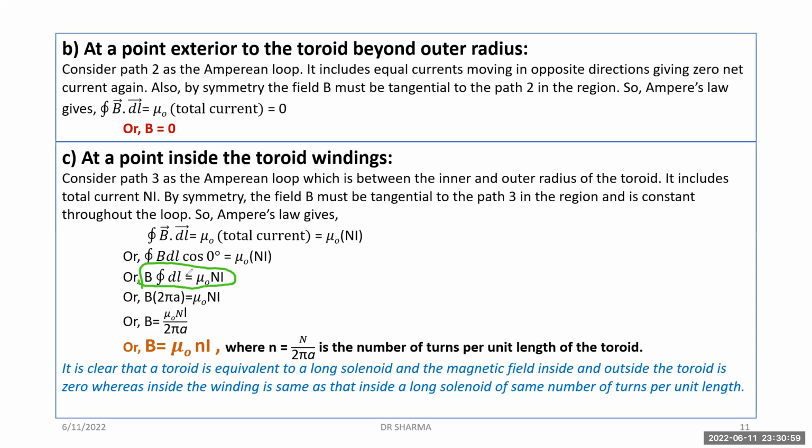So the integration dl is just 2 pi a, and the left hand side becomes B times 2 pi a. The right hand side is mu naught N I. So the result is B equal to mu naught N I divided by 2 pi a. In terms of small n, B equals mu naught n I, where small n is equal to the total number of turns divided by the circumference of that Amperian circle, the number of turns per unit length.